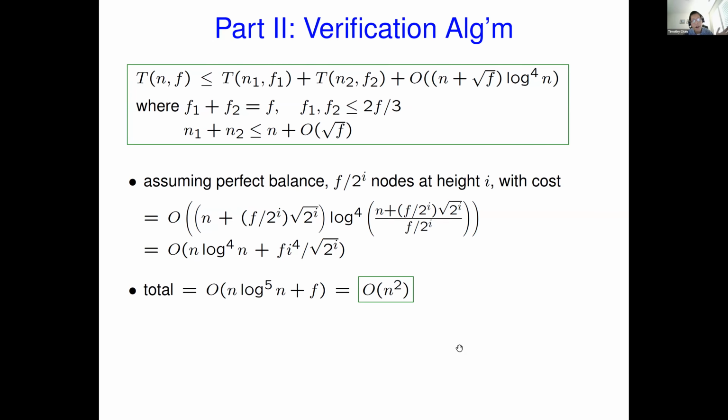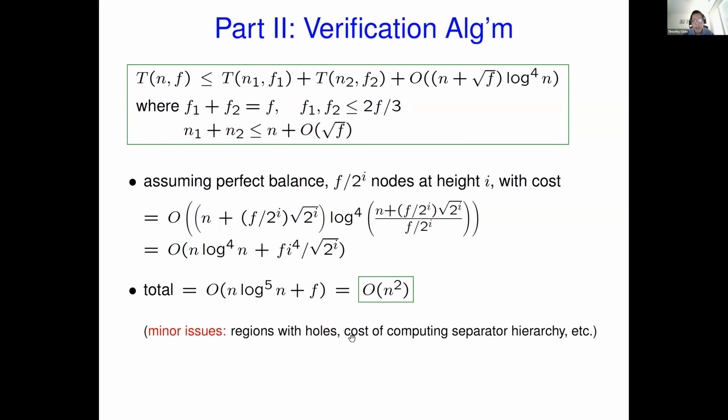Now, we glossed over various minor technicalities. For example, as we recurse, actually you get regions with holes, and it's important to ensure boundaries are connected so that you can do ray shooting. Also, do you want square root of f for the boundary complexity of every region? Actually, you don't. It suffices to have a good average bound on the boundary complexity.